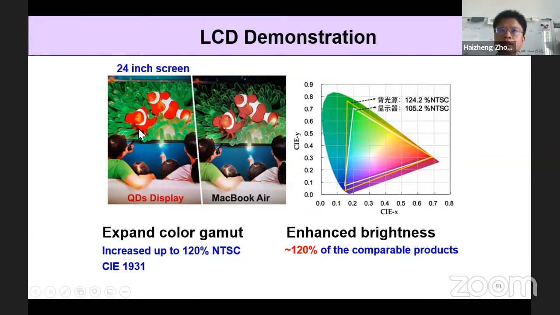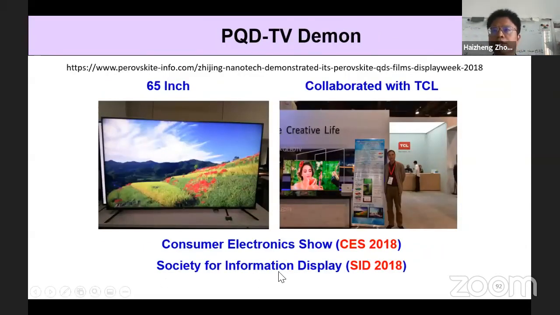Both the brightness and the colors are greatly improved. And working with TCL, we demonstrated the first TV demos in 2018 at the CES show, and also the SID show.